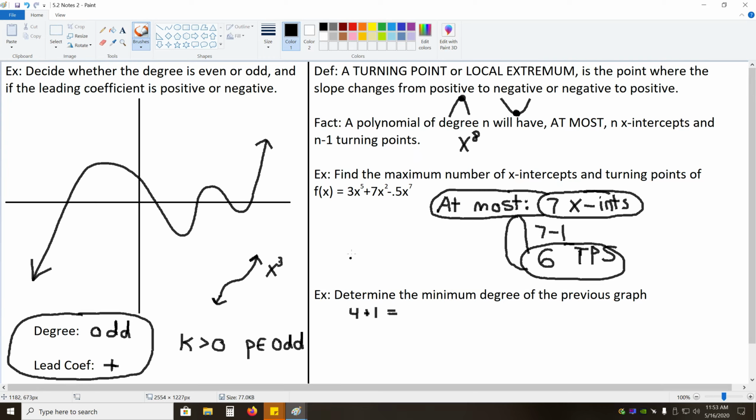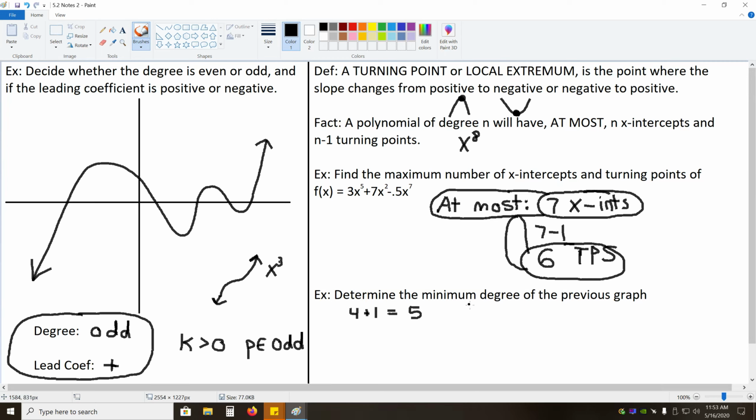Whenever you're working backwards, instead of subtracting 1, you're going to add 1. So the degree has to be at least 5. That doesn't mean it is 5, it could be more than 5, but it has to be a minimum of 5 in order to have 4 turning points.